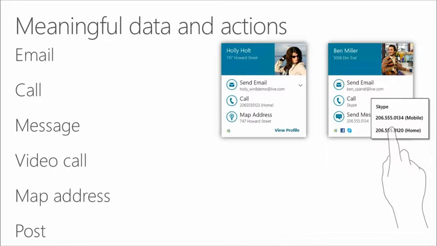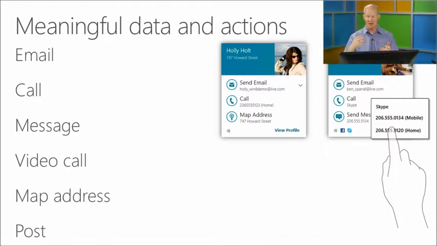And the great thing about this is those actions are meaningful. So it's not just, here's a phone number that I might copy and paste and launch another app. It's an actual action you can take, that you can click on that drop down and launch the call, which launches that default app for that experience, like placing a call for Skype.